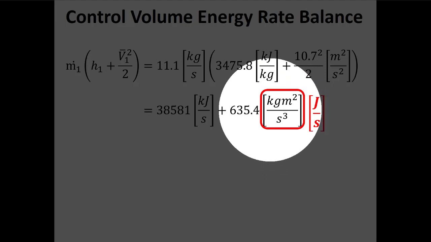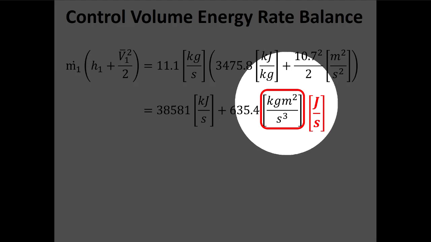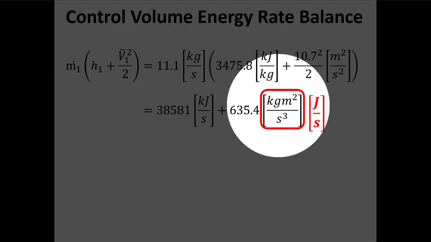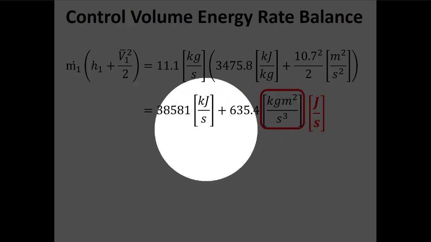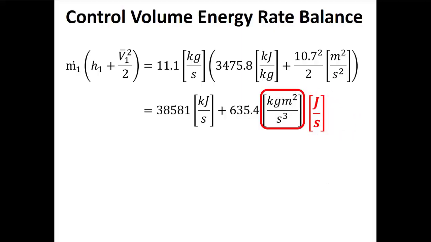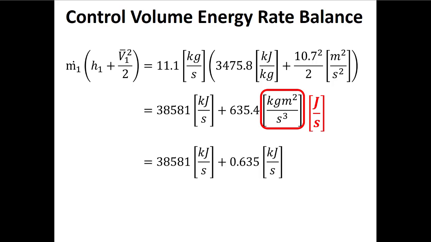Because if I think about this, I know from Newton's second law that force equals mass times acceleration. So here's a mass. There's an acceleration in here, meters per second squared. So if I take that out, this would be kilogram meters per second squared times meters per second. So newton meters per second. So then I get joules per second. But I can't just add kilojoules per second to joules per second. I've got to divide this by 1,000.